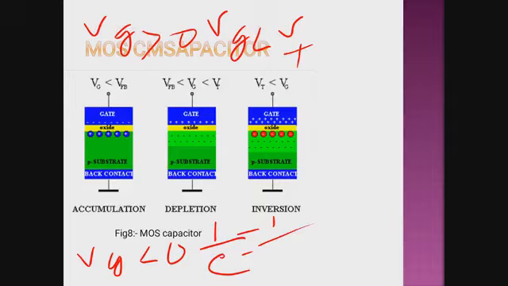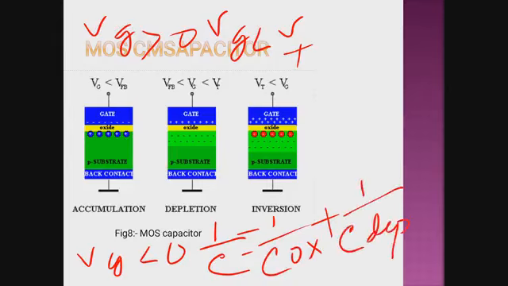Because the capacitors are connected in series. This is the summation of the two capacitors, oxide layer capacitance and depletion layer capacitance, and that will be the total effective capacitance.